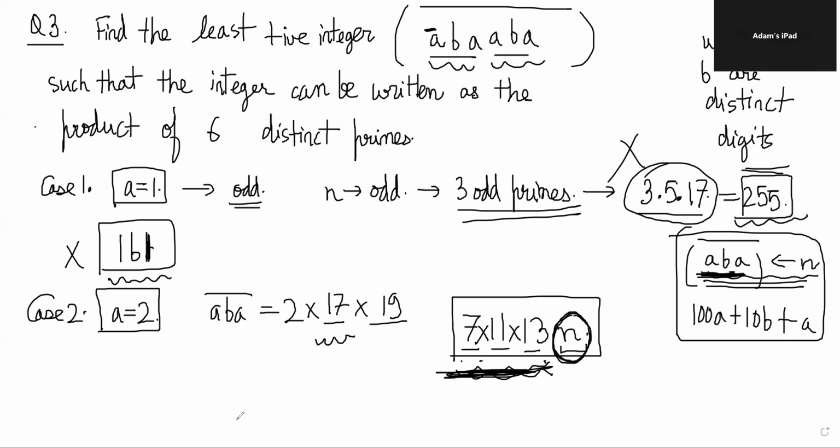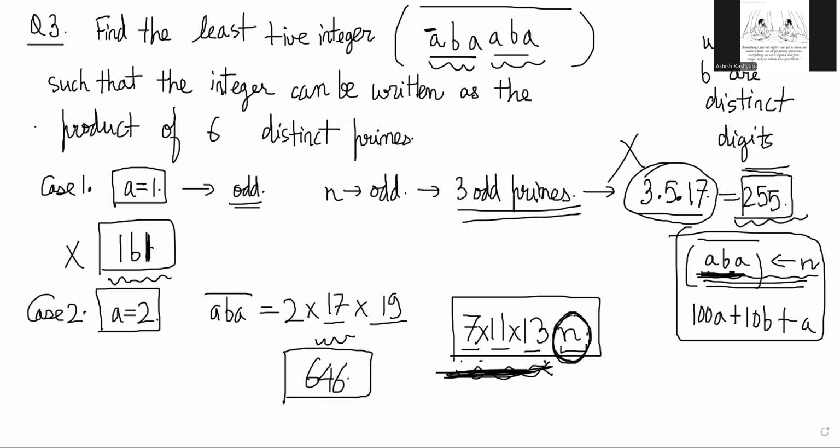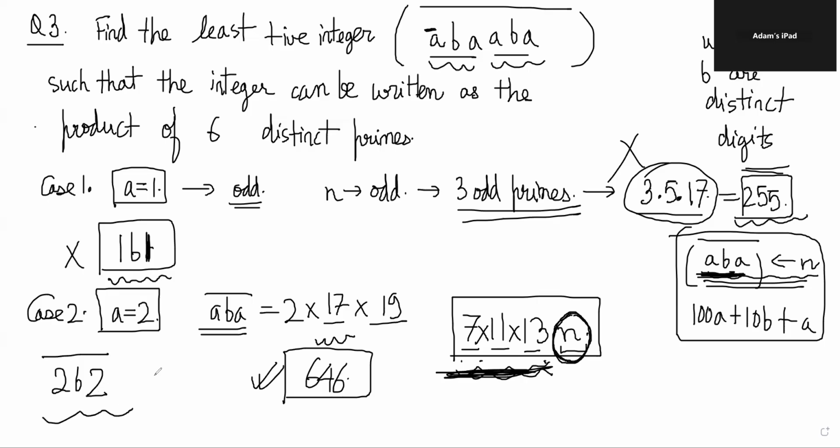The smallest product will be 646. But then again, 646 is too big for ABA where A is 2, right? Do you understand how we are eliminating cases? Okay, so fine.